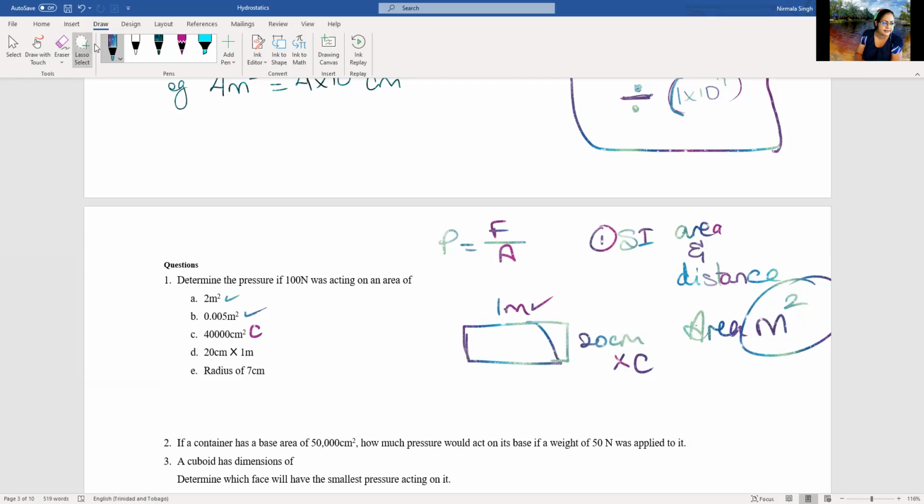How many meters is 20 centimeters? Anybody? Twenty cm is how many meters? 0.2.